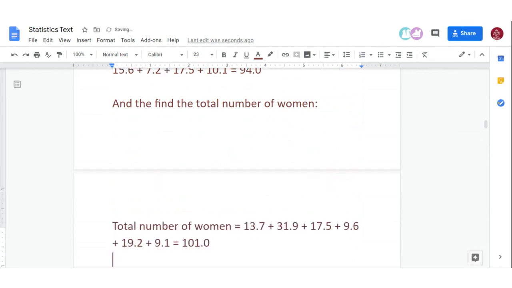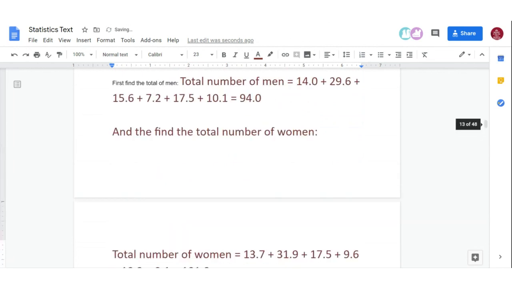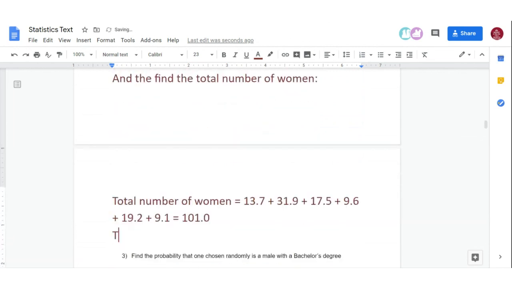All right, so the total number of women is 101. So the total of all the data is 94.0 plus 101.0.